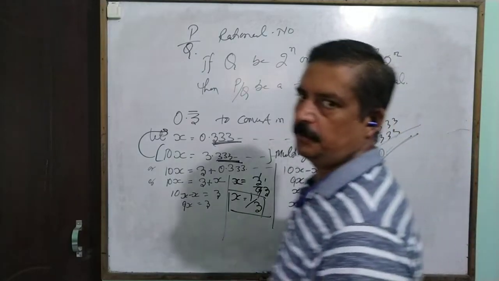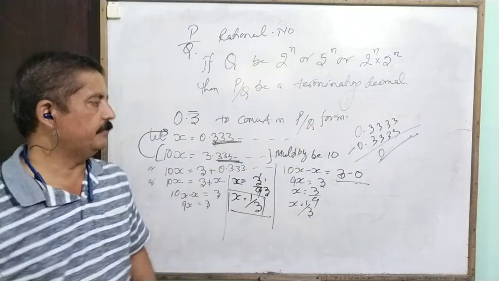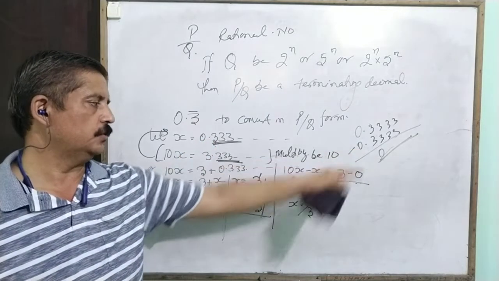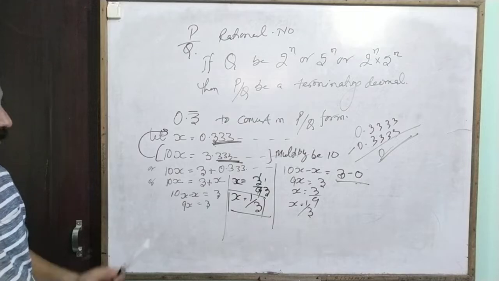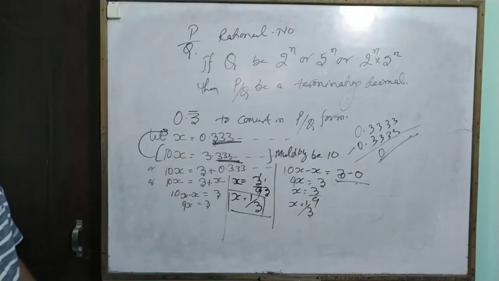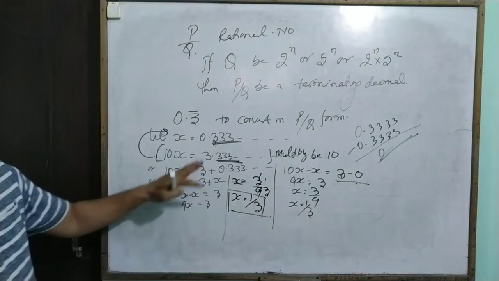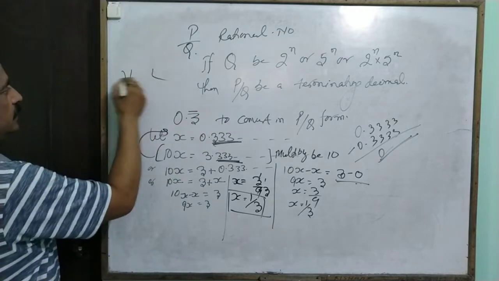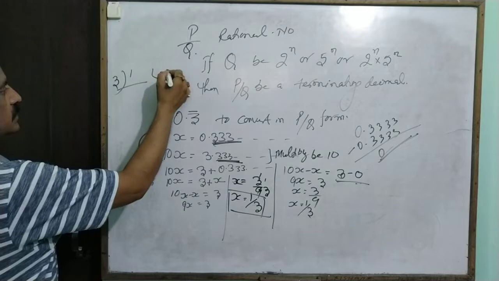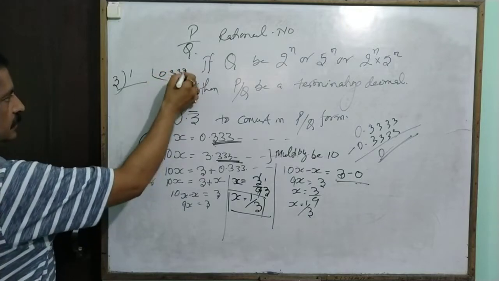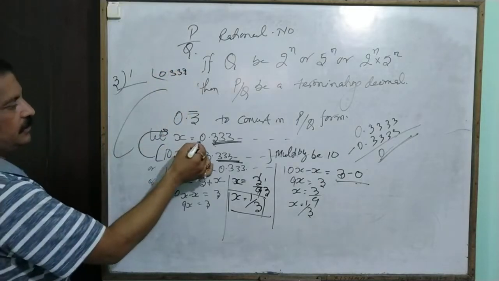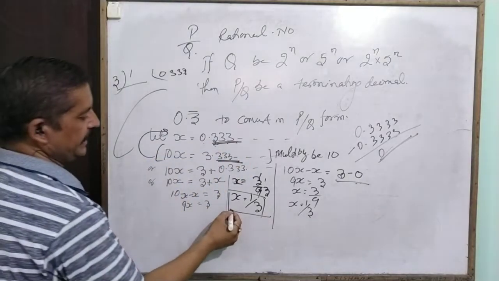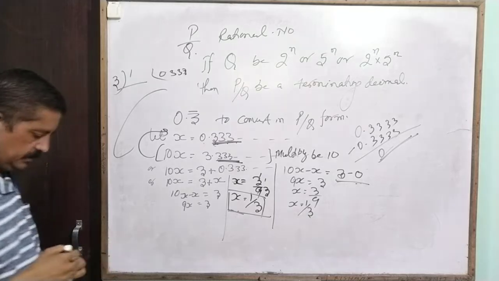So the decimal part vanishes, because the subtraction of the decimal parts gives only 0. So in this process, in the first case we divide 1 by 3 to get 0.333, and then change it back into the 1 by 3 format.